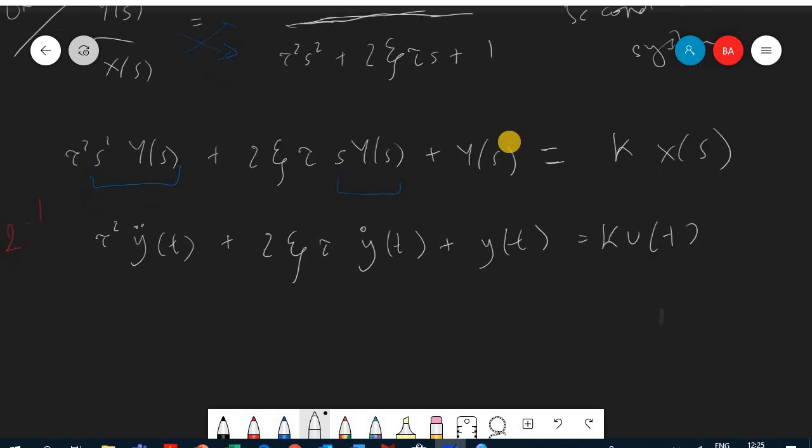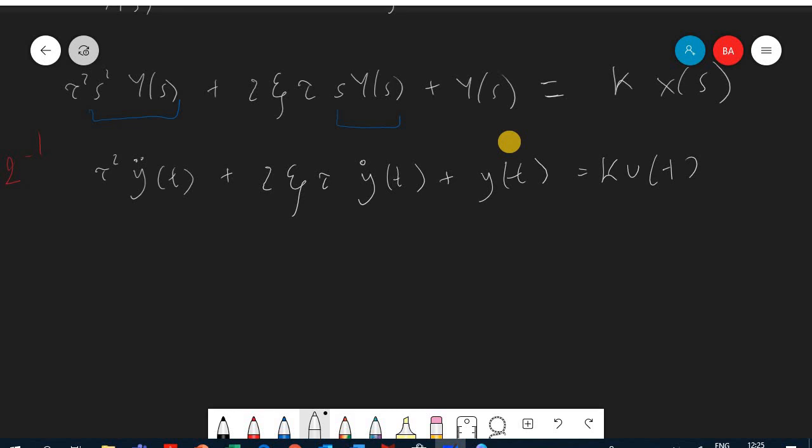And this is exactly a system represented as a second order, in the form that I just solved a moment ago.